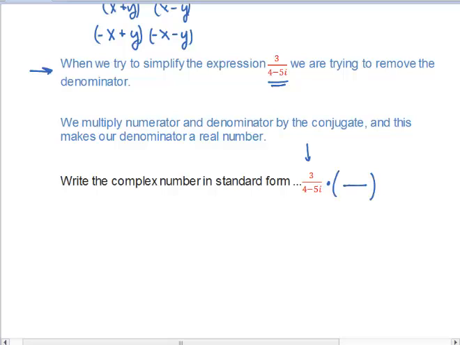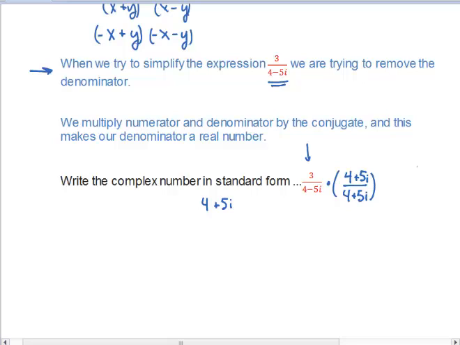We're going to multiply top and bottom by the complex conjugate. The complex conjugate for 4 minus 5i is 4 plus 5i. If we multiply top and bottom by 4 plus 5i, we will remove the complex nature of the denominator. So let's do that.